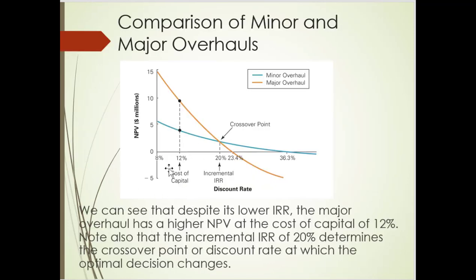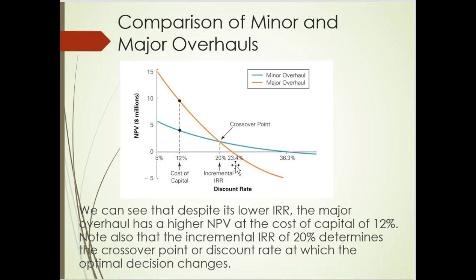And here again, if we look at the net present value profiles of the two projects, you can see that for lower discount rates, the major overhaul is more beneficial because of higher net present value. At higher discount rates, it swings to the minor overhaul, but dead center in the middle is where they are equal.